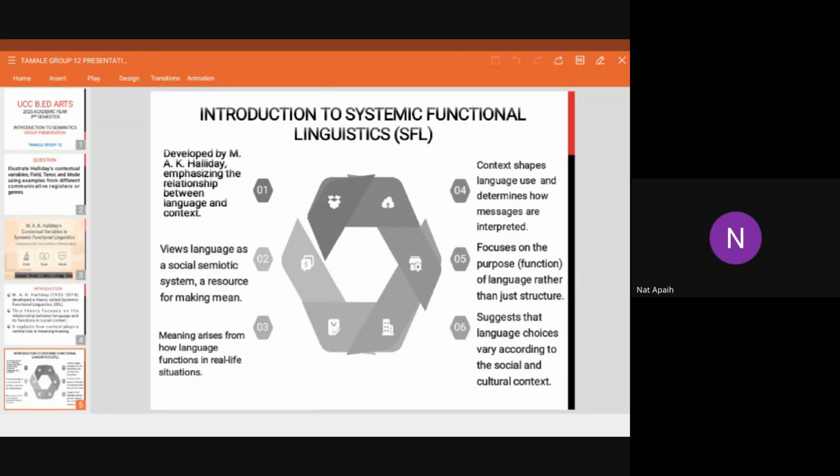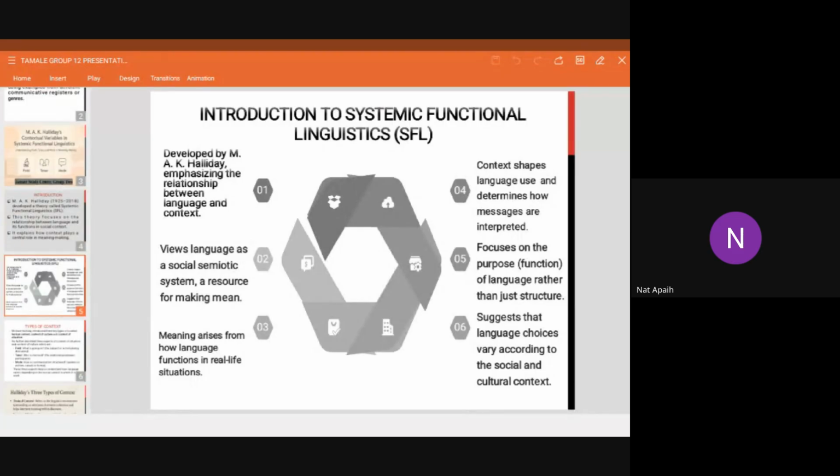Then point 6, the theory suggests that language choices vary according to the social and cultural context. Like others have said, meaning can be interpreted based on the context in which the utterance is made. So let's move on and then we'll see examples.